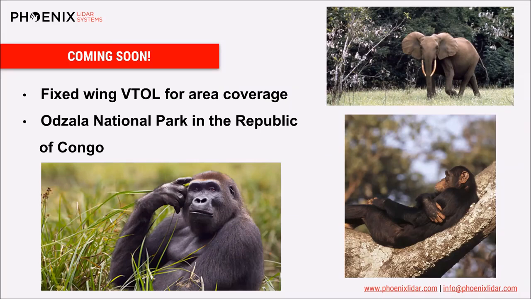But basically, the goal is to get multi-hour flight time and large area coverage, where we go from the Alta, about 1,000 hectares a day at the maximum, to several thousand in a few hours, to really push that number. The first place we're going to test this is in Adzala National Park, or Adzala-Kakua National Park in the Republic of Congo.